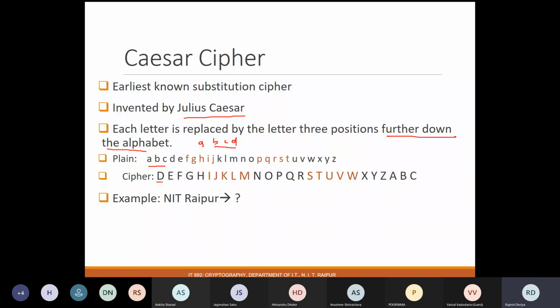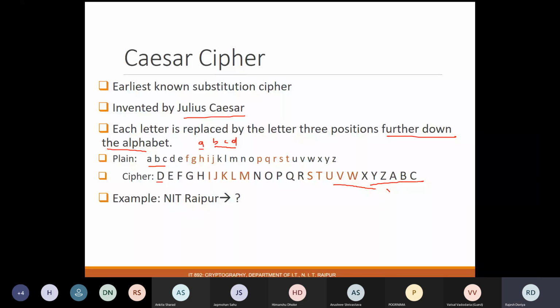So you have replaced this letter by the letter that was three positions down. A will be replaced by D. This is how A has been replaced by D, and similarly B has been replaced by E. This is how this ciphertext has been obtained.